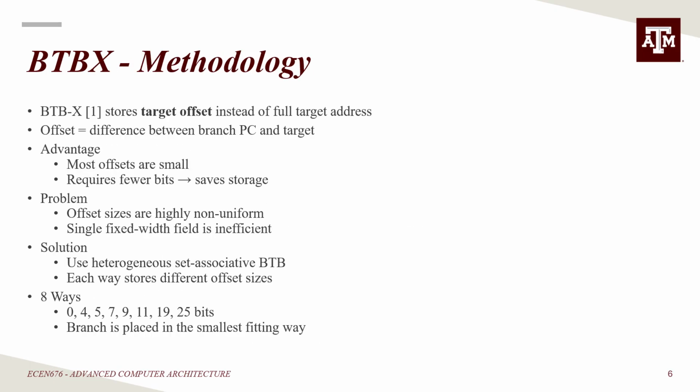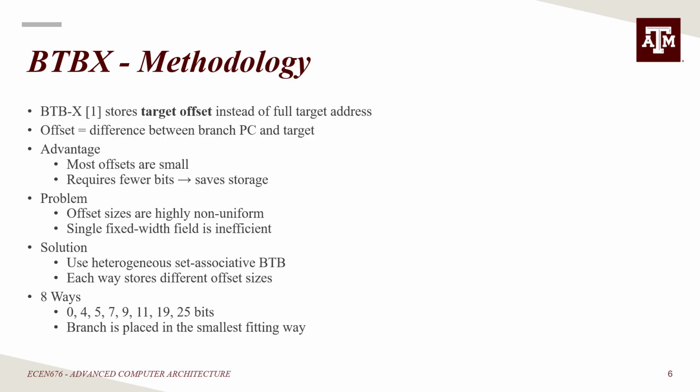Hi all, I am Manoj and I will be explaining the methodology and implementation. BTBX addresses these issues by storing the offset between the branch program counter and the target instead of storing the full target address. Since most offsets are small, this significantly reduces the number of bits required per entry.